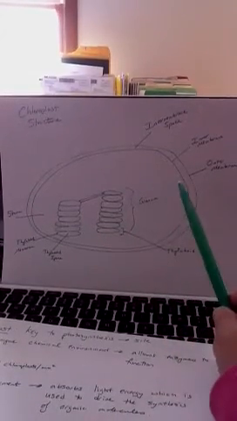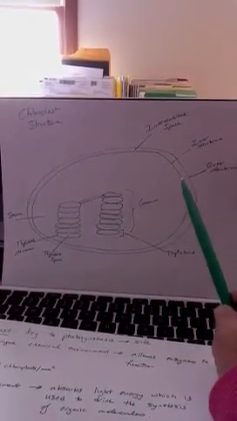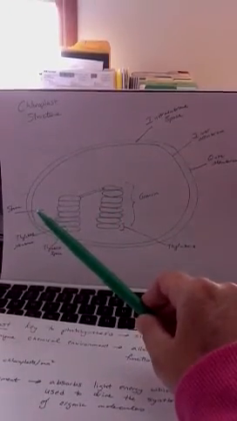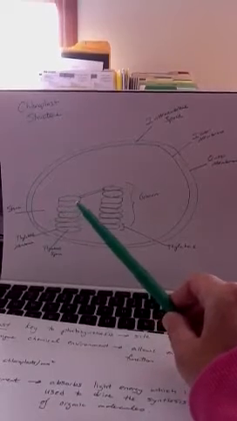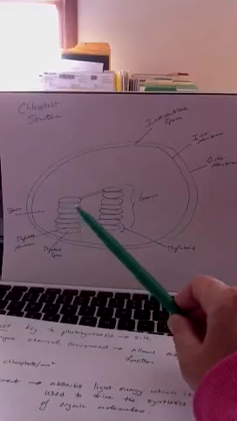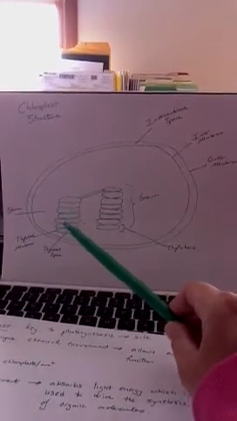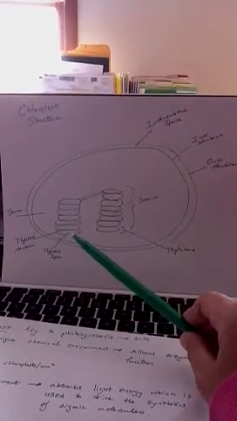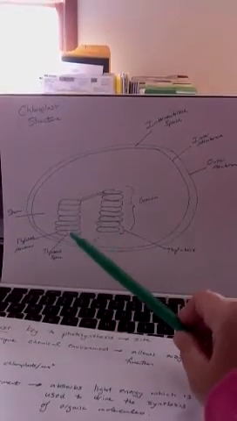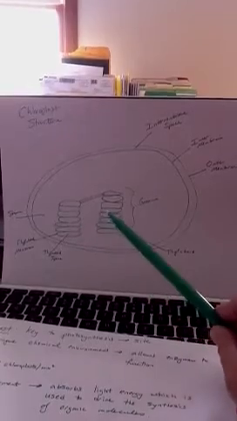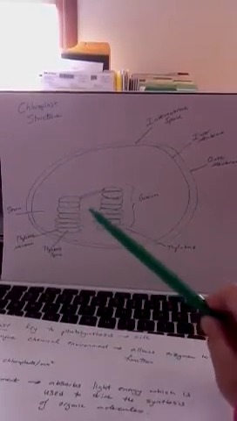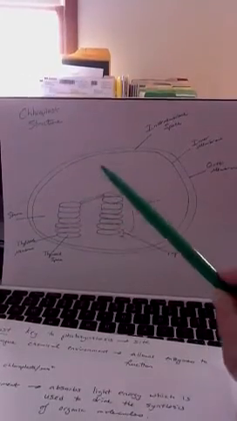Okay, so inside the double membrane of the chloroplast is a dense, thick liquid, which is called the stroma, and then inside that are the thylakoids, and the thylakoids have membranes, and there's a space inside each thylakoid, which is called the thylakoid space, and they're kind of stacked, and a whole stack of thylakoids is called a granum, and these thylakoids are like a network.